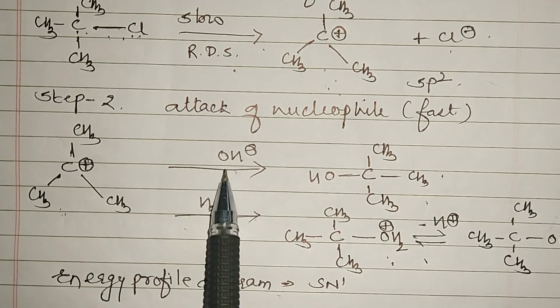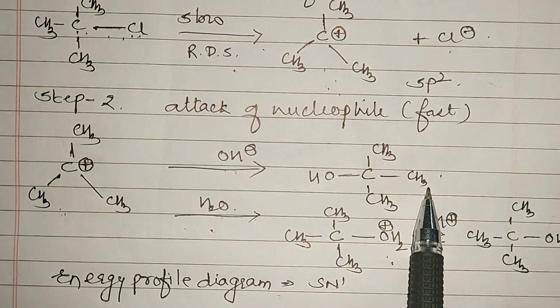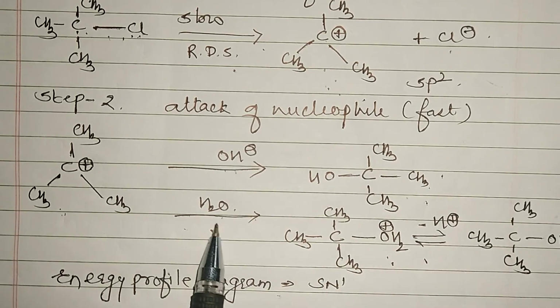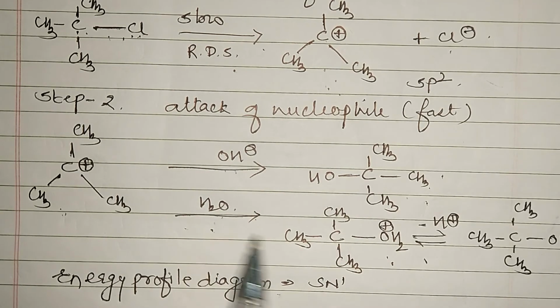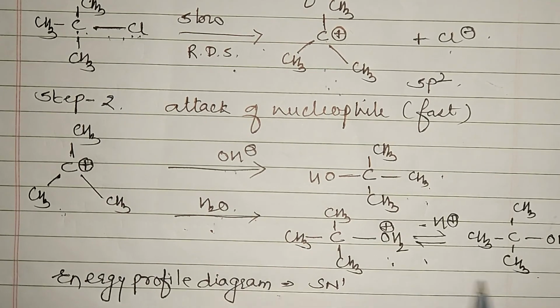When the attacking species is OH negative, then we will get tertiary butyl alcohol. This reaction is called hydrolysis. And when the attacking species is a water molecule, we also get tertiary butyl alcohol or tertiary butanol. This reaction is called solvolysis.